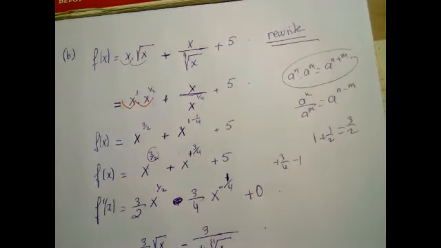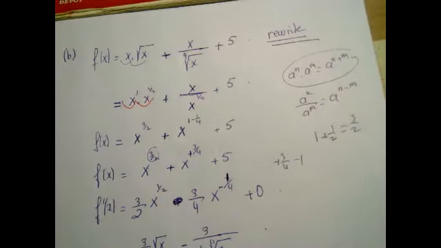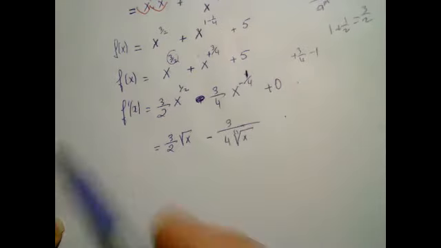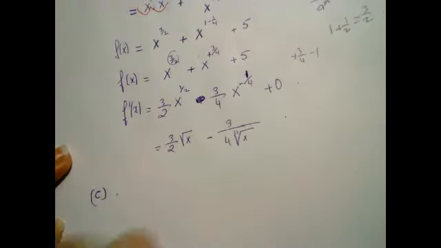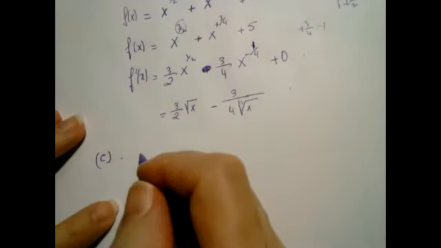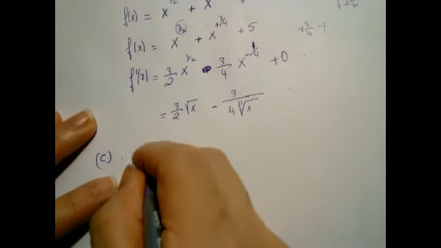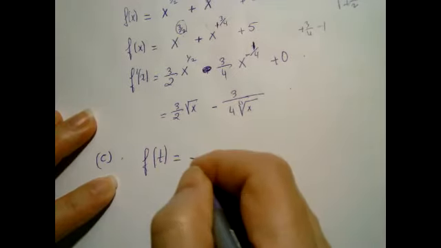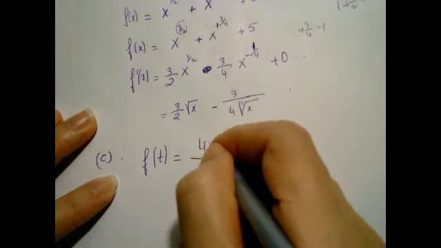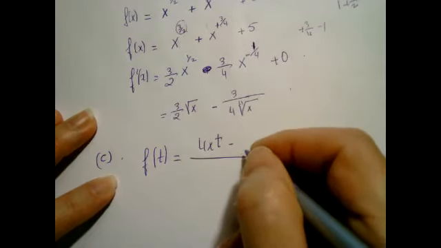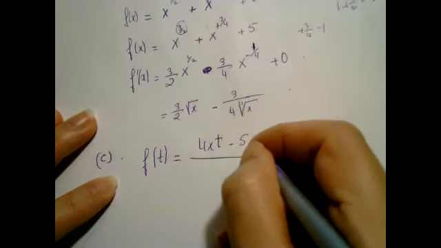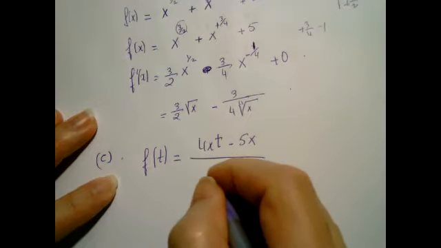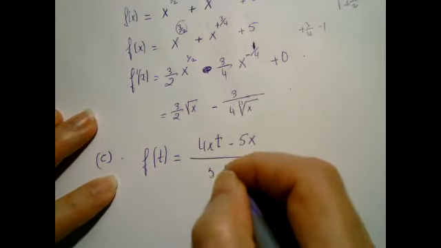Okay, we proceed now. Number F, I guess. Actually, I want to do number C. I did it for some student yesterday, but I would like the whole class to be part of it. We have f of t equal to, because I usually like those type of problems, minus 5x over 5x squared plus t.